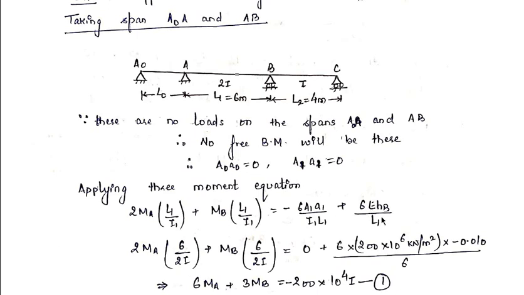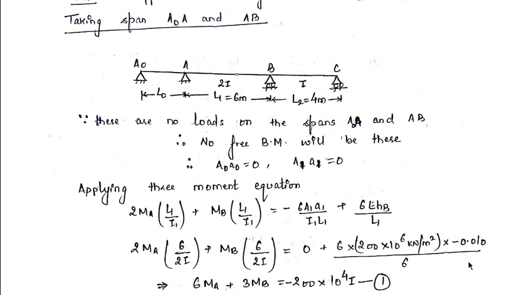Now, in this question, we have to put the value of HB. In the previous numericals, no support was settling down, so we took this term as 0. But in this question, the support B has settled, so this term will not be 0. So just put the value of HB as minus 0.010.